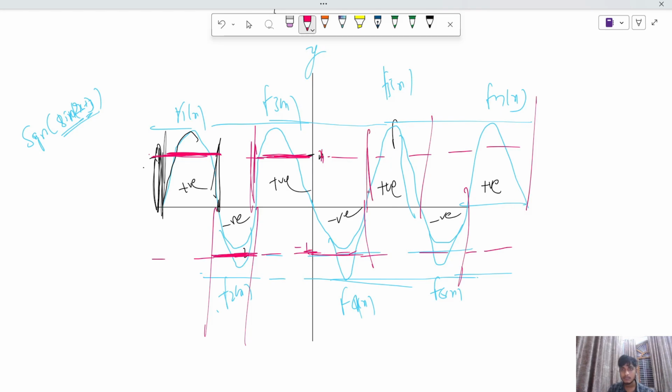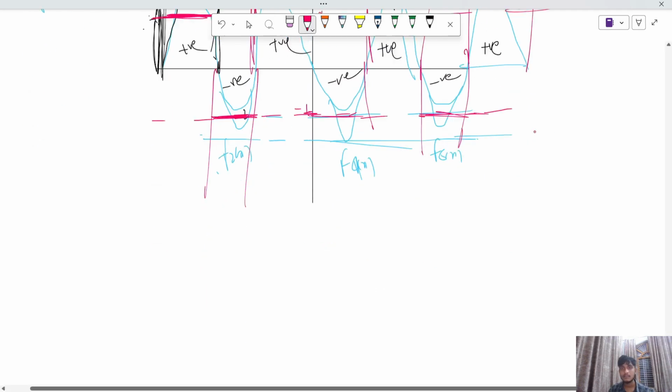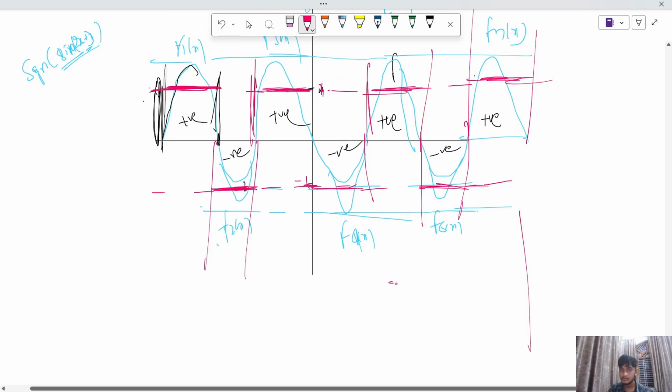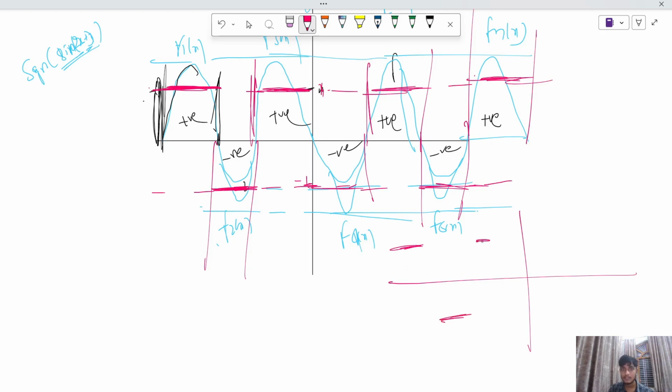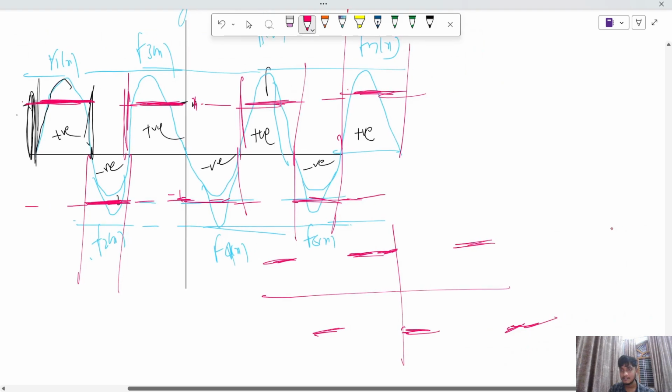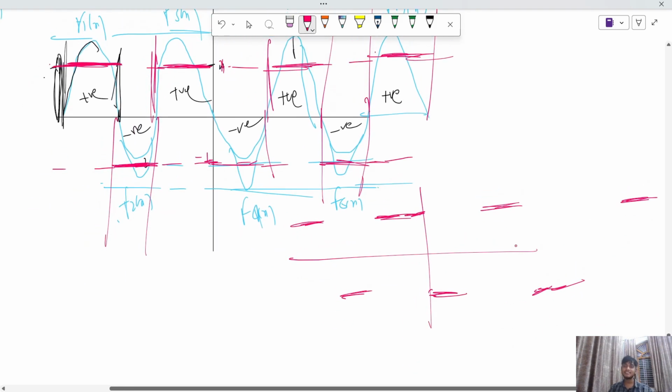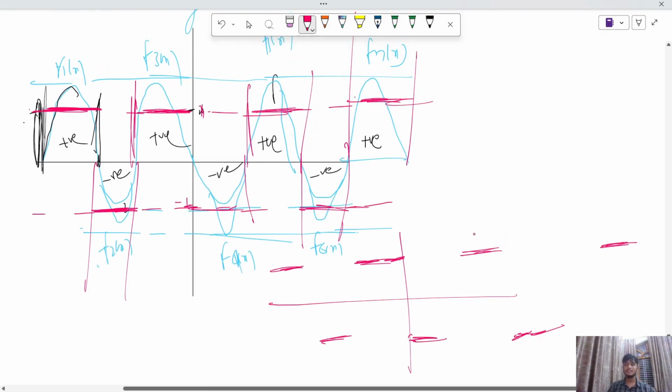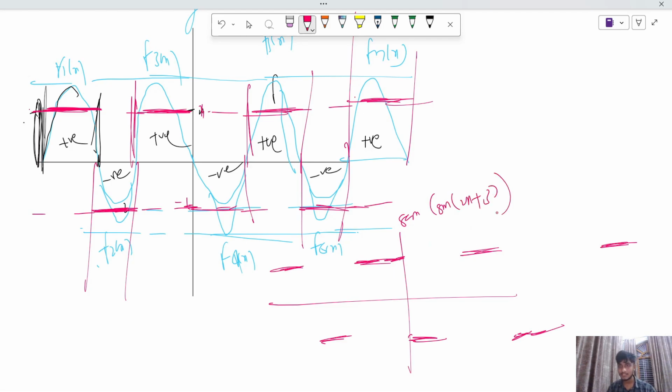So it will be straight line after straight line, which is simple but actually interesting. This is how signum of sine, let's say 2x plus 3, versus x will look.